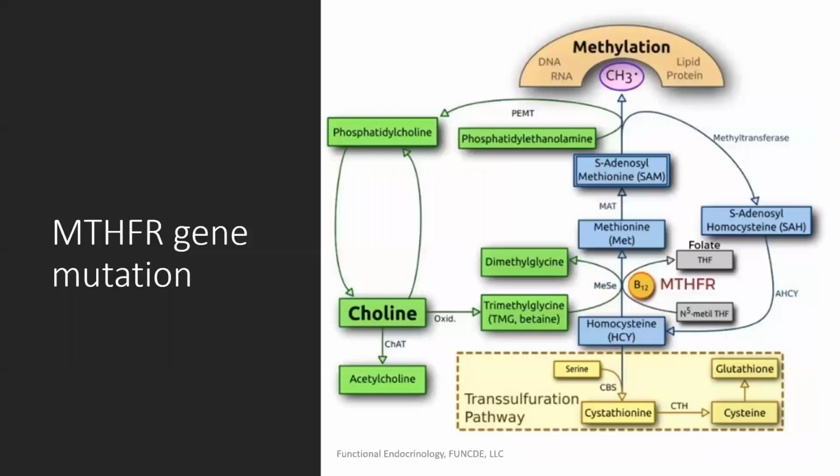So this is a different scenario. We have MTHFR gene, and it plays important role in methylation. And methylation is one way how our body gets rid of toxins. And it plays a role in DNA and just getting rid of estrogen, getting rid of catecholamines, different other chemicals.